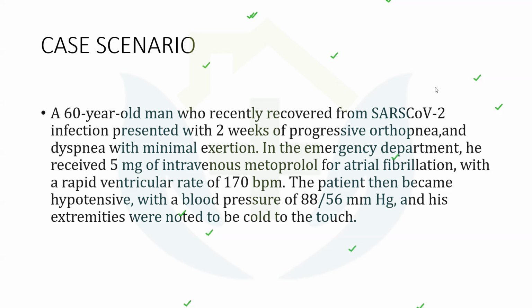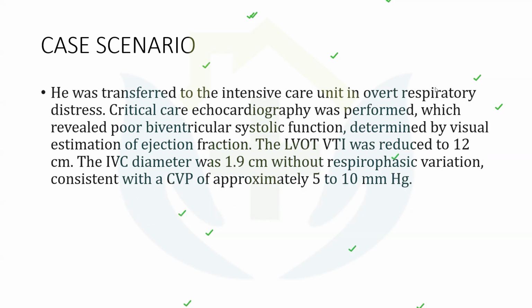In the emergency department, he received 5 mg of intravenous metoprolol for atrial fibrillation with a rapid ventricular rate of 170 beats per minute. The patient then became hypotensive with blood pressure 88 by 56 and his extremities were noted to be cold to touch. So he was transferred to the intensive care unit in overt respiratory distress.